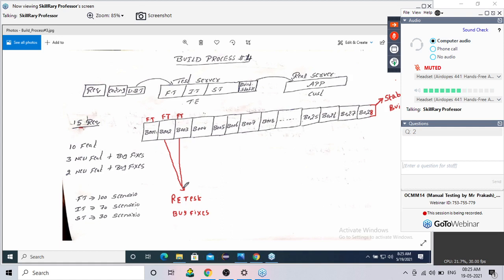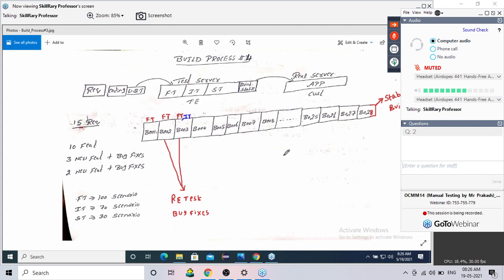So what the manager or lead will say is, boss, anyhow 3 days is over, you have completed your functional testing and you have completed your retesting of bugs also. Then do one thing, don't sit idle unnecessarily. Do functional testing, and if time is left, also start your integration testing in B003 only.